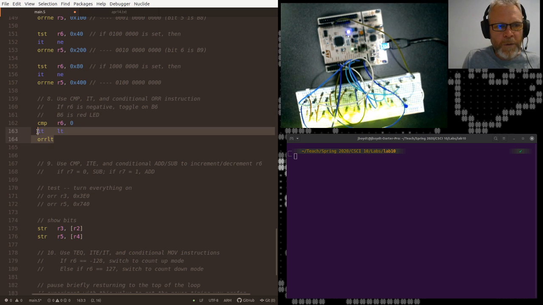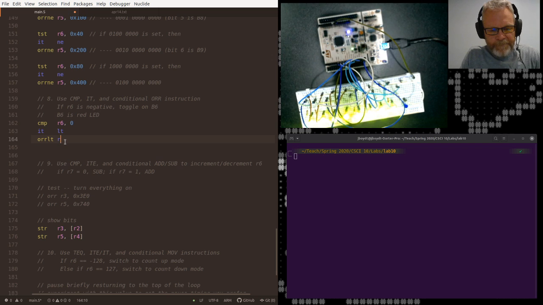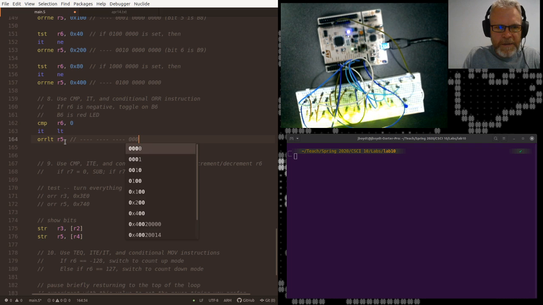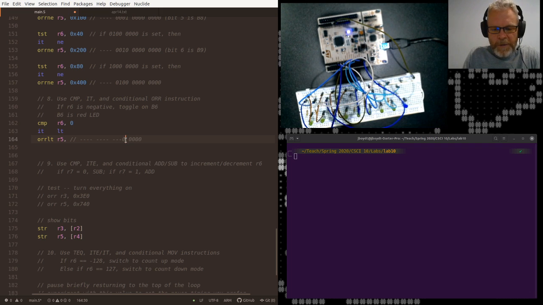It's just the way that it works. So I'm ORing R5. That's where the B stuff is, and I want to do B6. So 1, 2, 3, 4, 5, 6, 7, 8, 9, 10, 11, 12, 13, 14, 15, 16. So I don't care about these first three. This is 2 to the 4th, 2 to the 5th, 2 to the 6th.